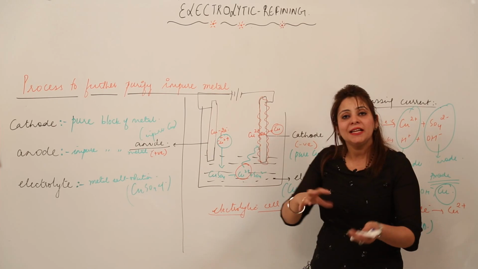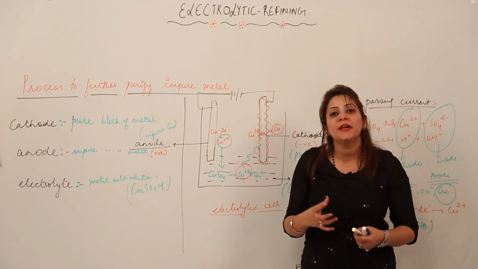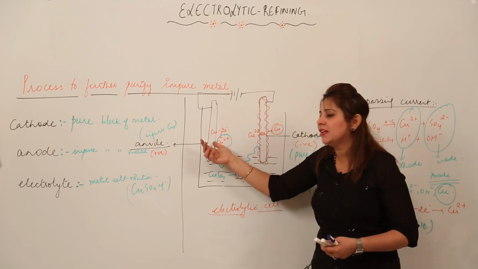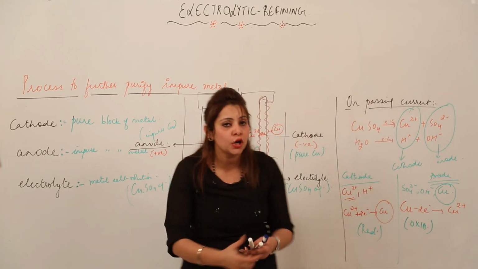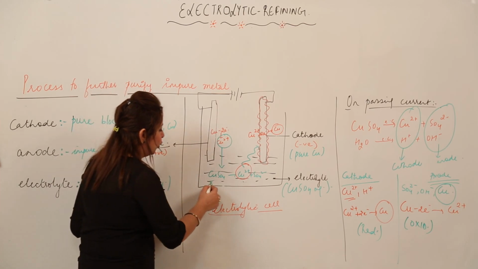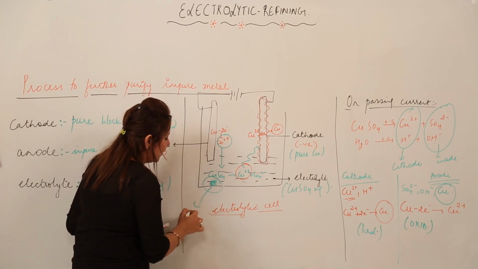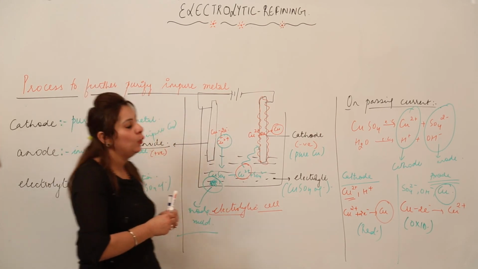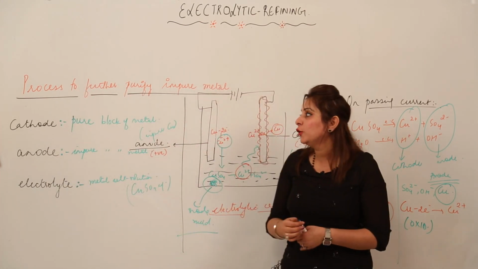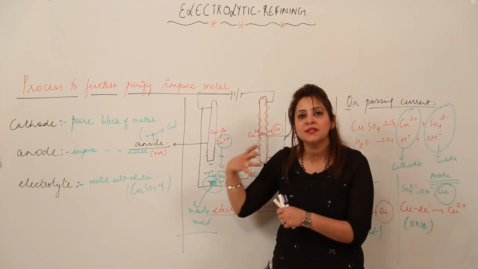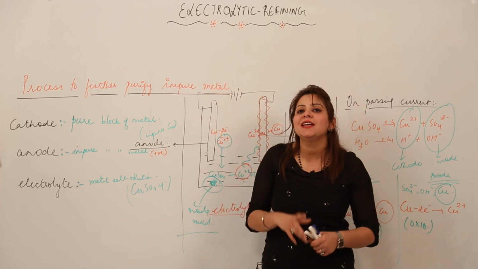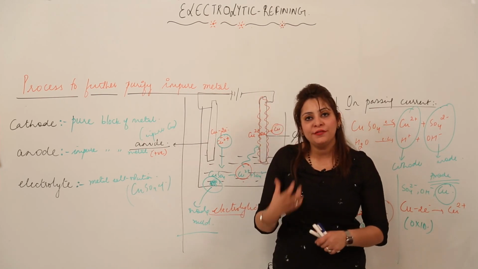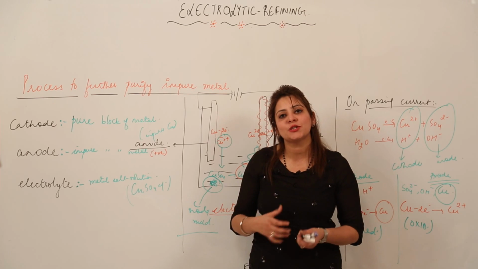So at the end of electrolytic refining, the pure metal is always obtained at the cathode, and the impurities present in the impure block get deposited under the anode, called anode mud. This is how we do electrolytic refining, the fourth step of metallurgy, purifying the metal by using electrolysis.